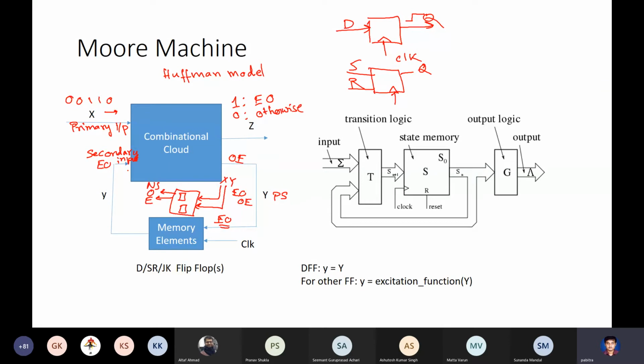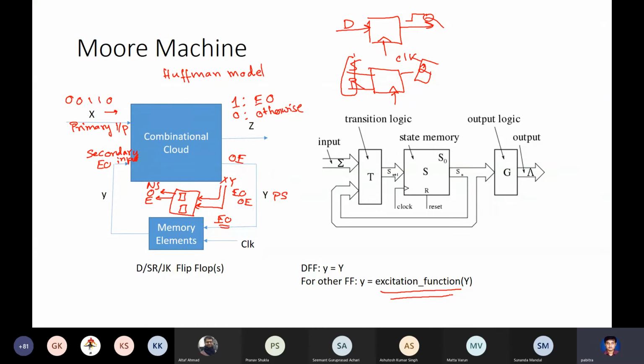So this function, whatever input comes here, in the sense of the values of SR, and then the values of Q, is called an excitation function of the flip-flop.